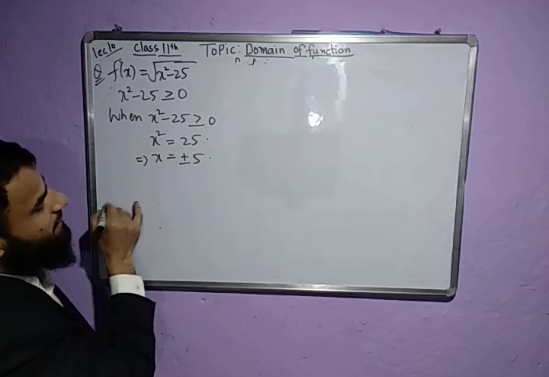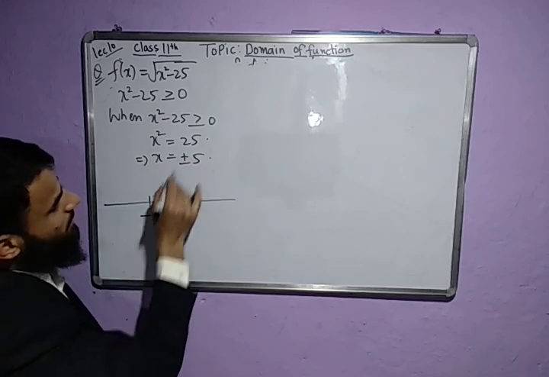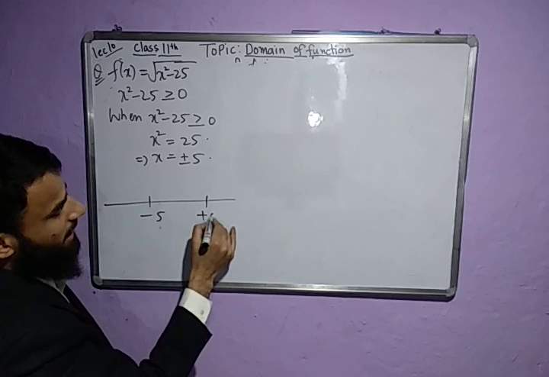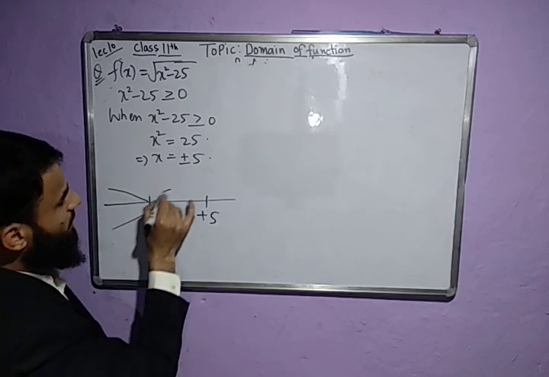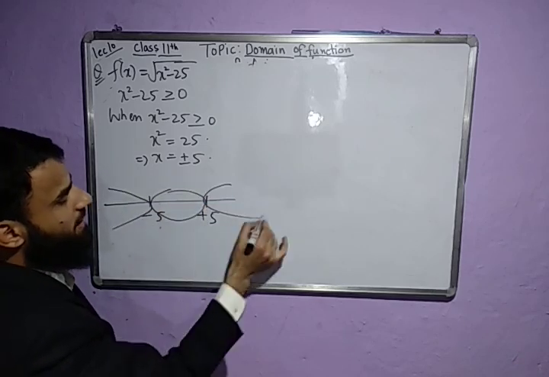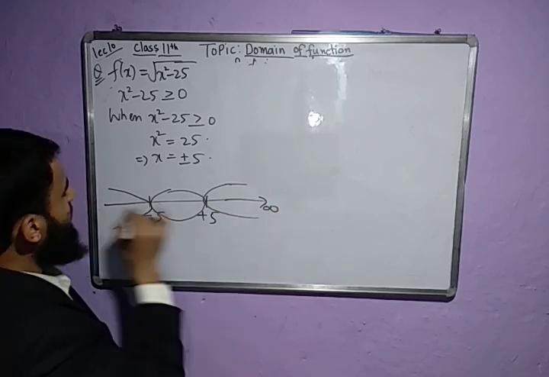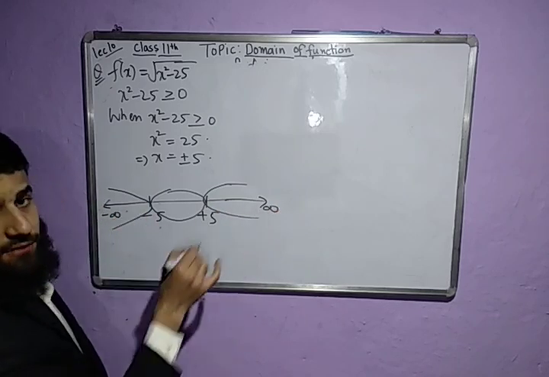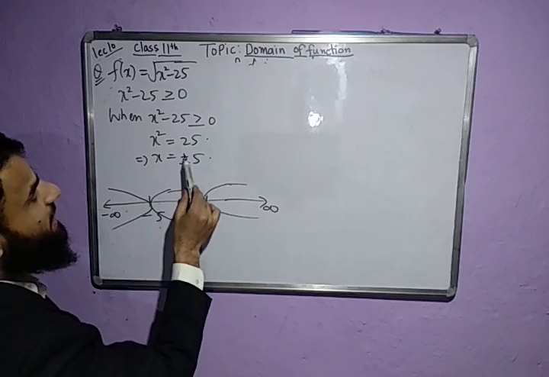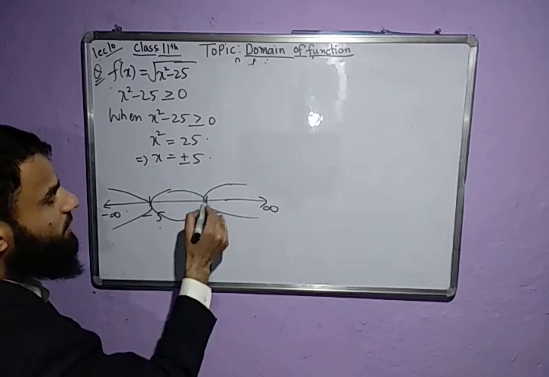Next, I told you that we will draw these 2 points on the number line, so I will get 3 regions. Let us check them one by one, let us check for their signs. When we put plus minus 5, it becomes 0. That means we have to take these points.